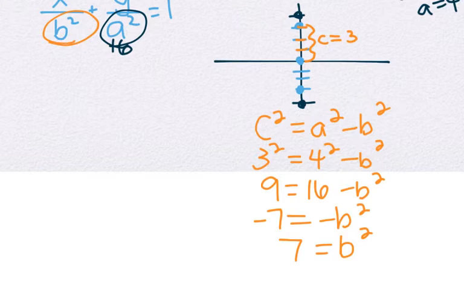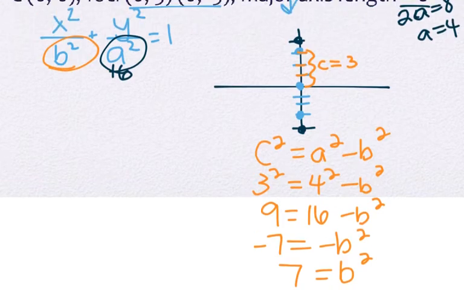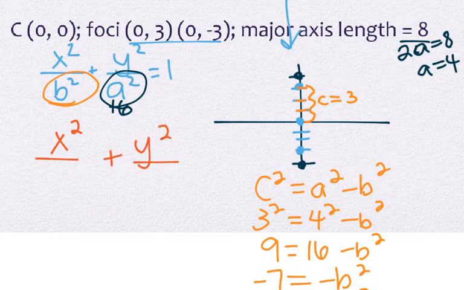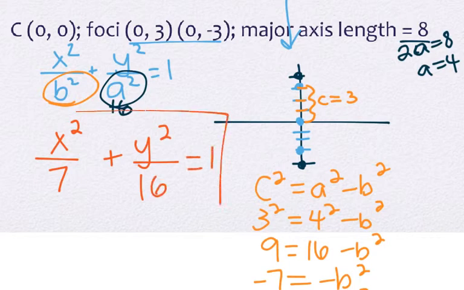So now I know b squared. Since my center is 0, 0, my numerators are going to stay x and y. The b squared is 7, and the a squared is 16. And there's my equation.